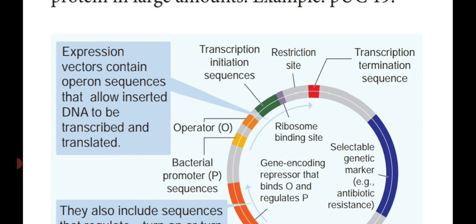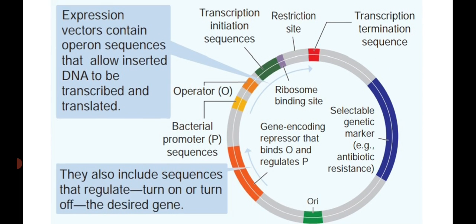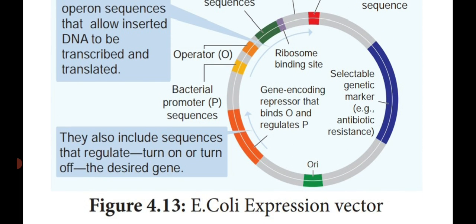Then the restriction site is also there. Then initiation of transcription, which ends in the termination sequence, is known as transcription. Then the selectable genetic marker, that is the antibiotic resistance region, which is blue in color. The gene encoding the repressor binds O and regulates P.